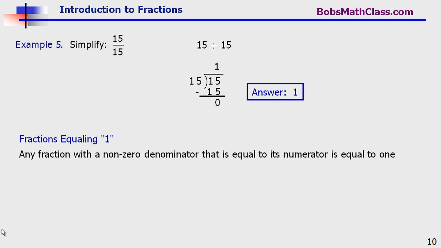Any number over itself is equal to 1. So 8 over 8 is equal to 1. 245 over 245 is equal to 1. Any fraction with the same numerator and denominator is equal to 1.